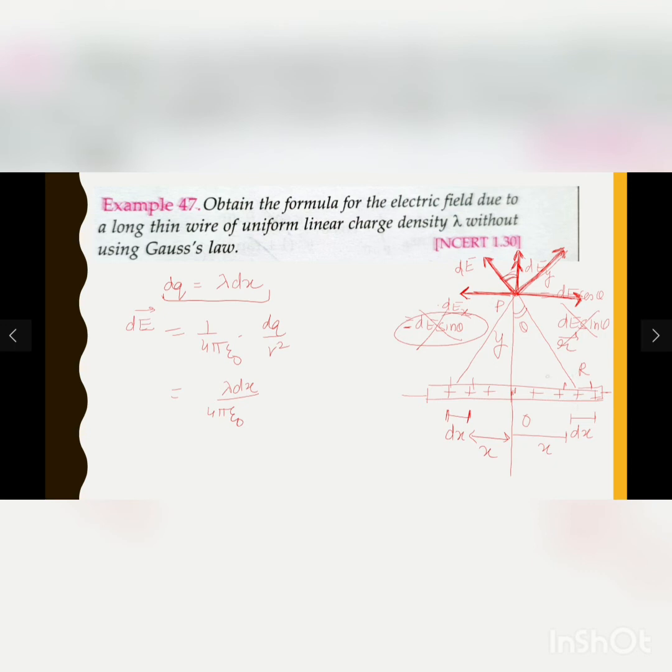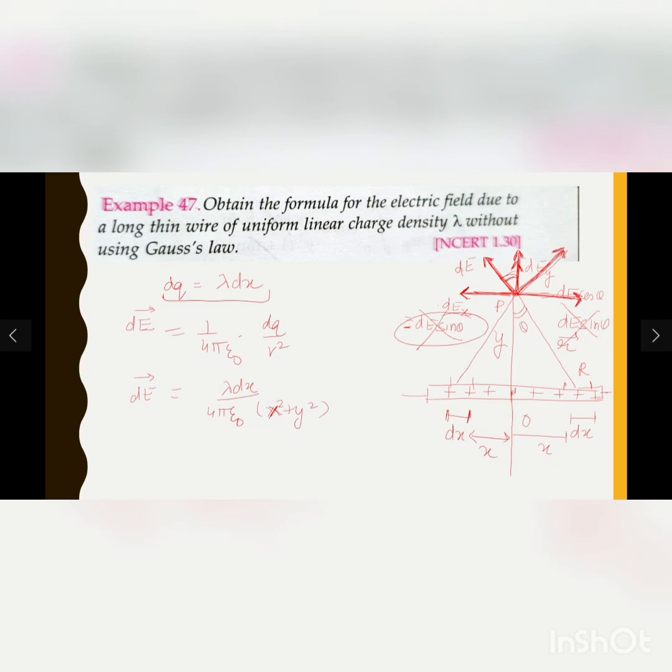In terms of x and y, I can write r square as x square plus y square, where x is the distance of the element from the center of the wire and y is the distance of the point P from the center of the wire. So this gives me the small contribution of electric field due to a small element dq of the charge.